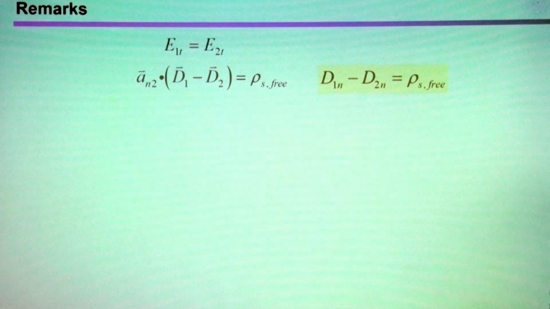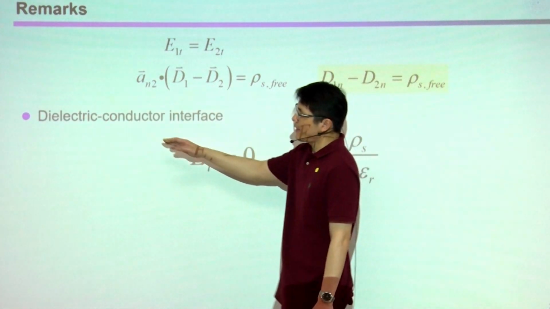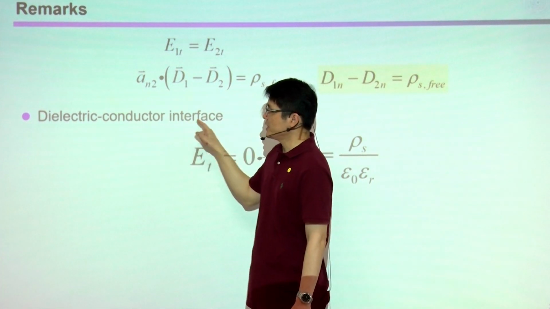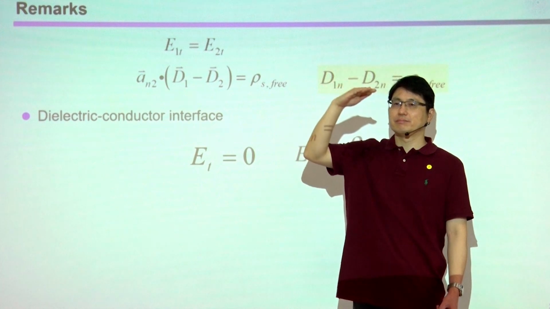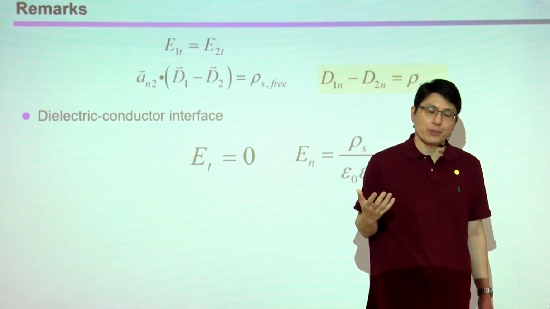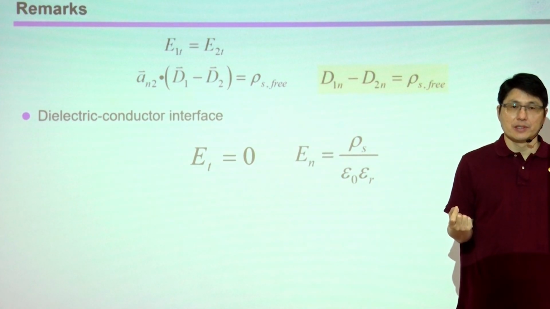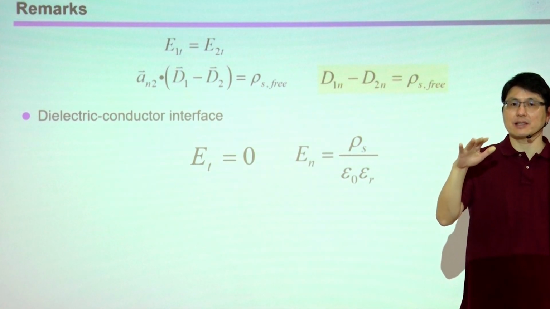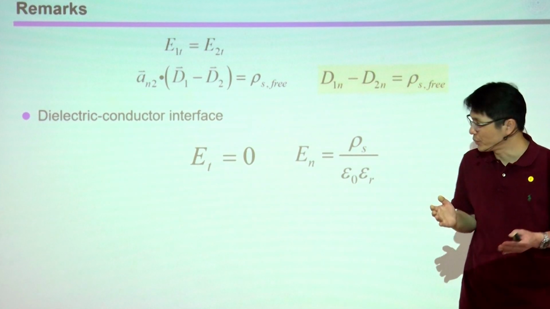So let's take a look at a very quick example. If I have a dielectric conductor interface, conductor means metal, so I have dielectric and metal. And again, we assume perfect metal. So the basic conditions of perfect metal still holds. Inside the metal, I cannot have E field, right?